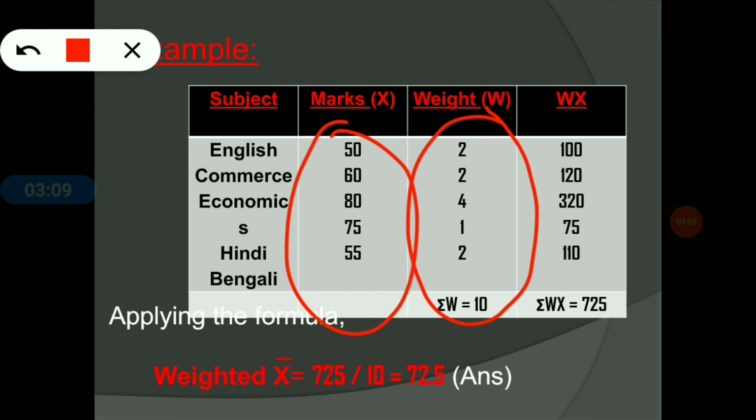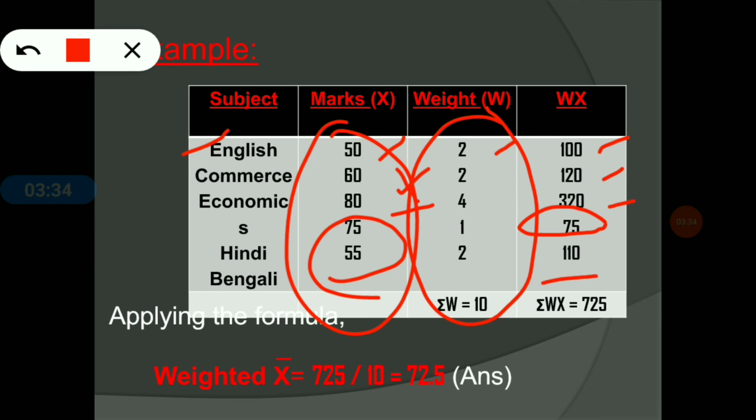For the first subject, that is English, the x variable is 50 and weight is 2. So that's why wx is 100. Now going to the second one, 60 into 2, that is equals to 120. Now going to the third one, 80 into 4, that is equals to 320. 75 into 1, that is equals to 75, and 55 into 2, that is equals to 110.